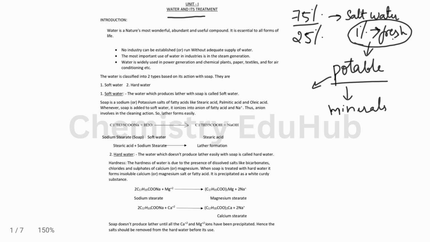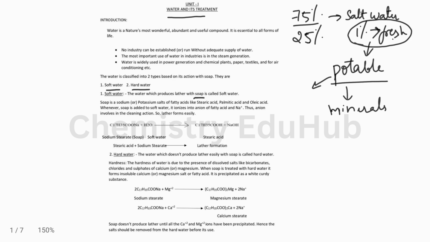So basically, this potable water is again mainly two types. So soft water and hard water. Okay, soft water is the water that produces lather with soap easily. So whenever you want to test the nature of water, you can wash your hands with water and put some soap in it and see if the lather is heavy or light.